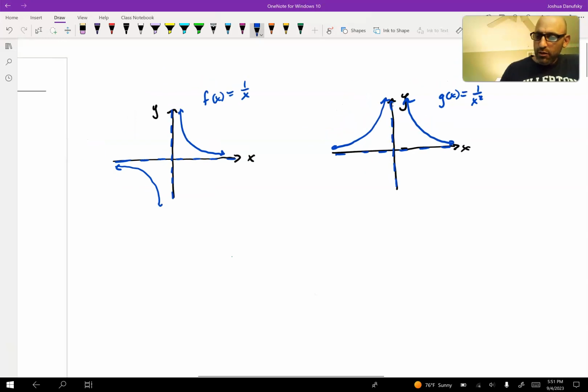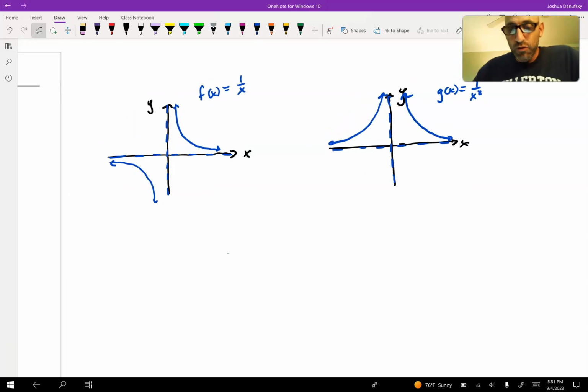Just looking at these graphically like we've done before, we want to approach 0 from above. So we're approaching 0 in this direction, and we get these points that are climbing up the curve, and their y values are going to positive infinity.